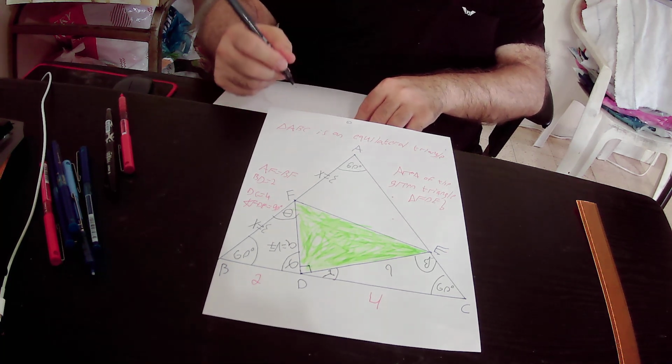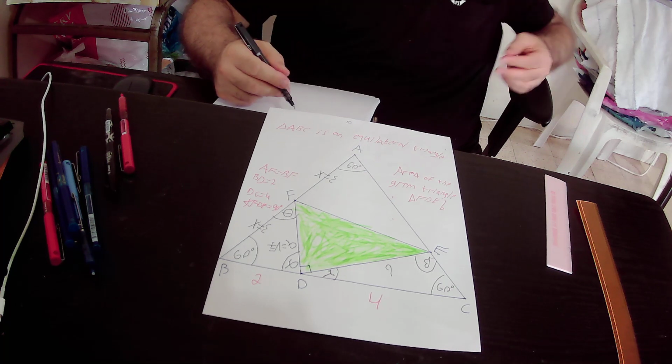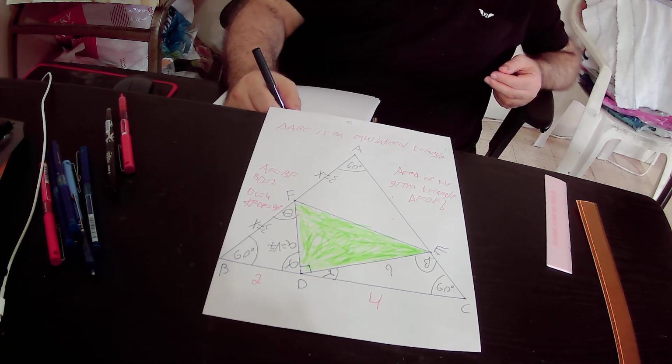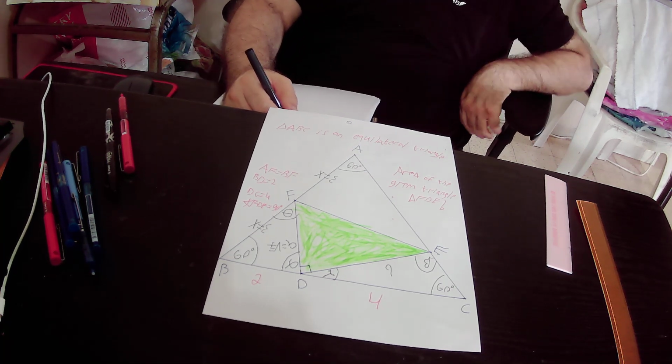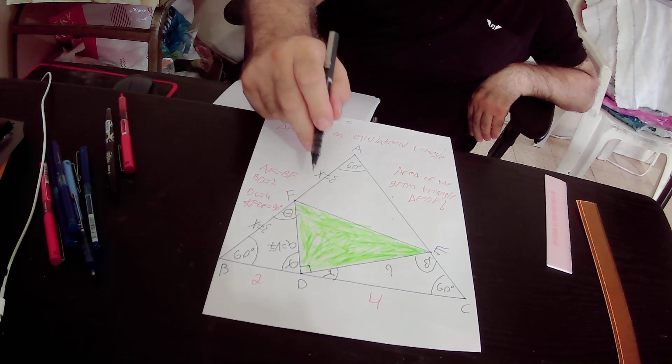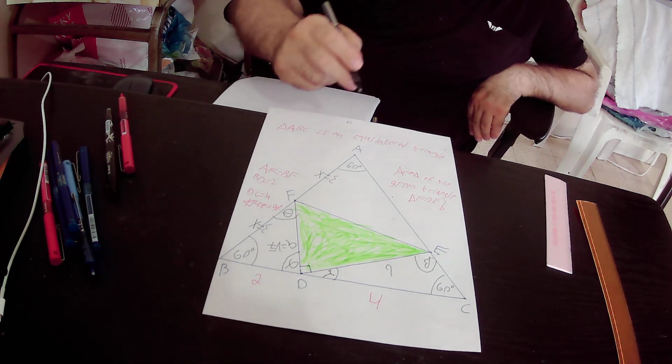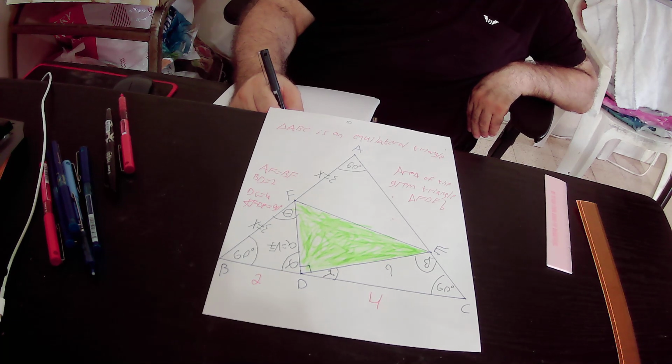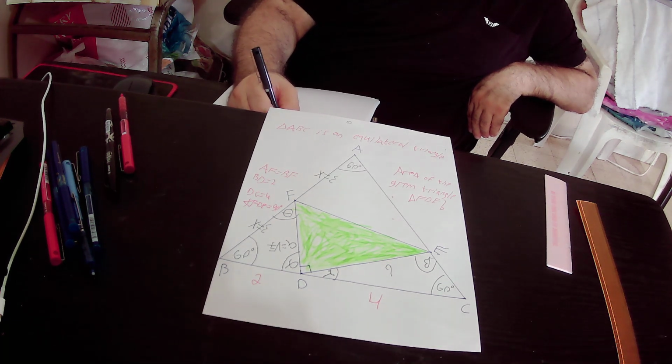In triangle FBD, the sum of the angles equals 180 degrees, so I write it down. What are the angles of triangle FBD? They are 60 degrees plus alpha plus theta.